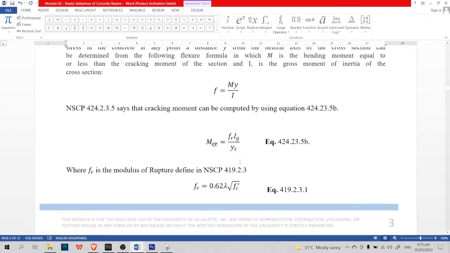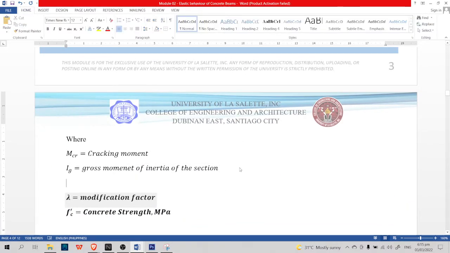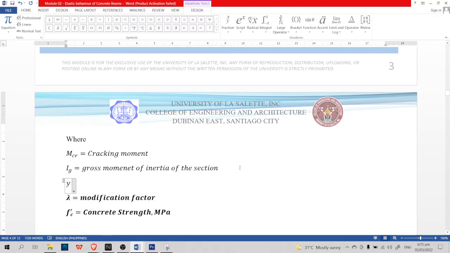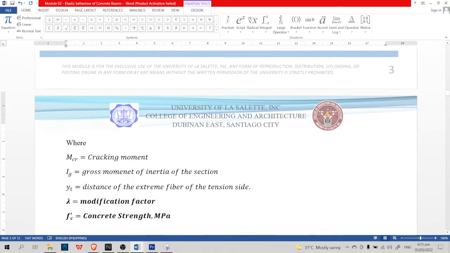And then we have YT, the distance of the extreme fibers of the tension side.